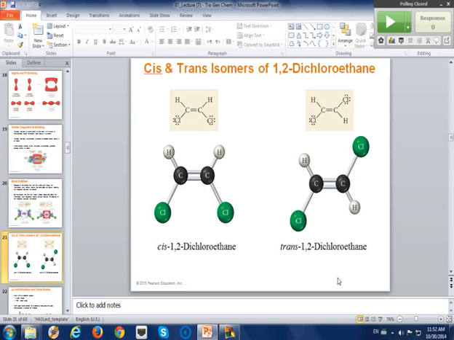And so the pi bond prevents rapid transformations between these two isomers.